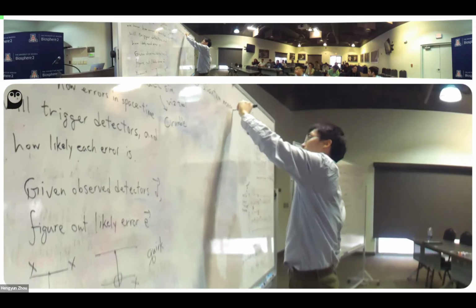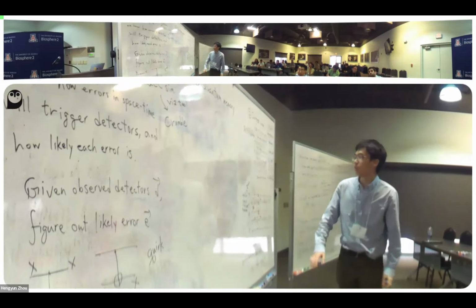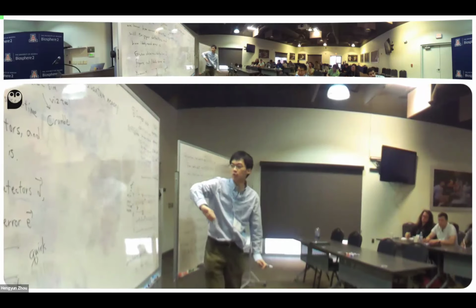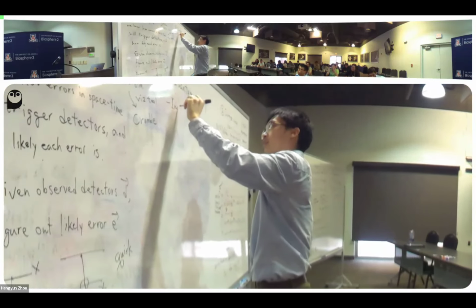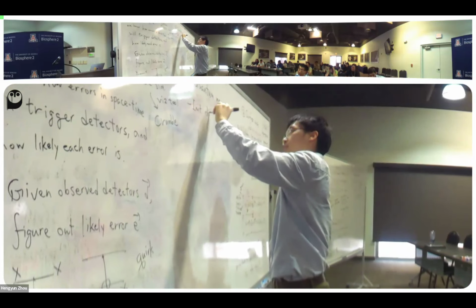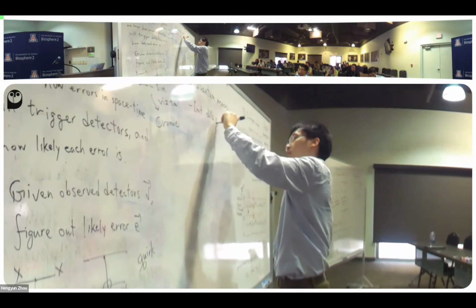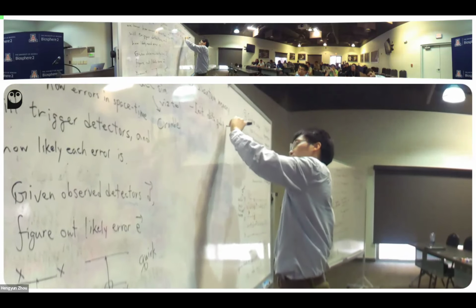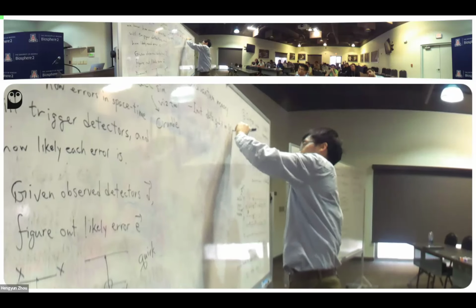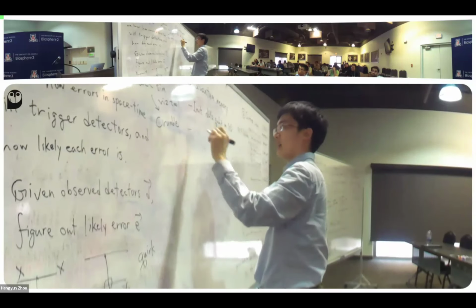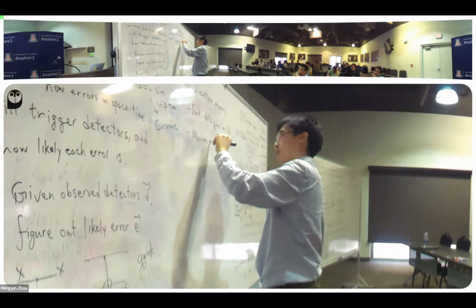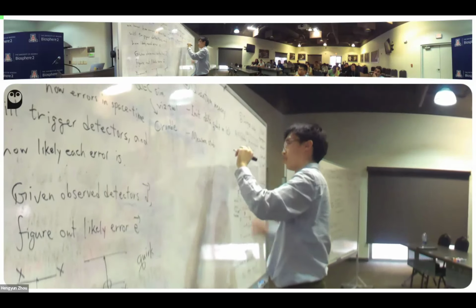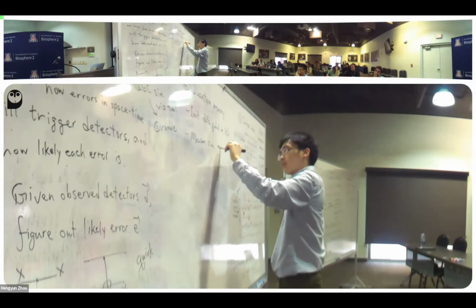So what you do is you initialize data qubits. These are physical qubits, into 0. And then you measure stabilizers for many rounds.